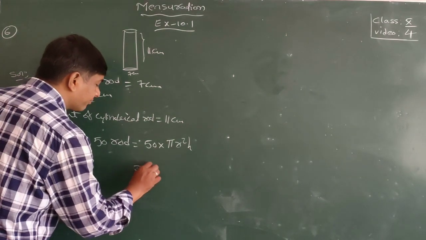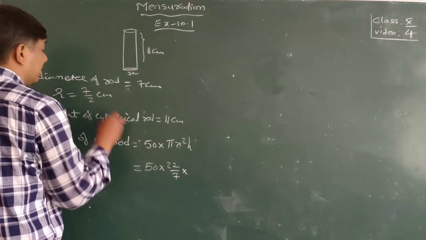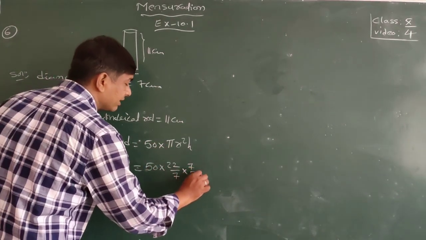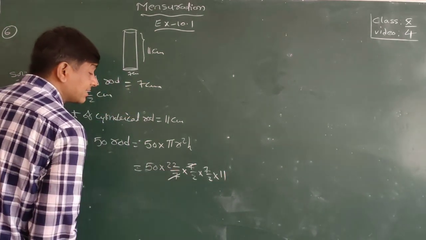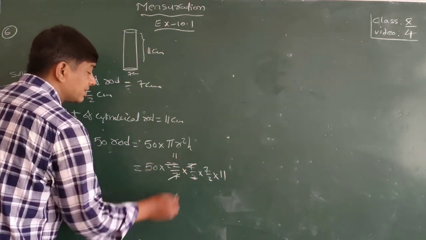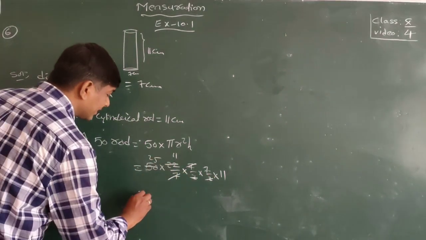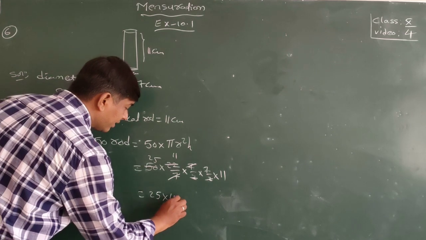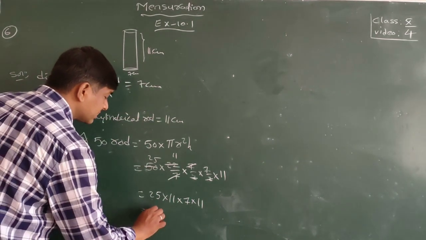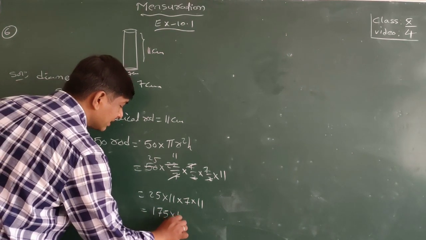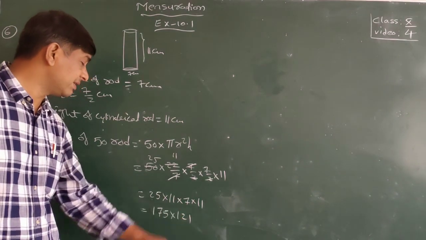That is equal to 50 into 22 by 7 into 7 by 2 into 7 by 2 into 11, that is equal to 25 into 11 into 7 into 11. Now 25 times 7 is 175, 11 times 11 is 121.